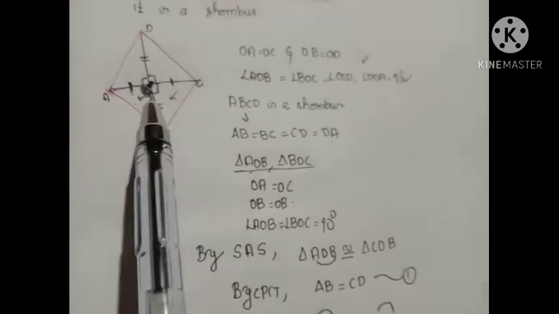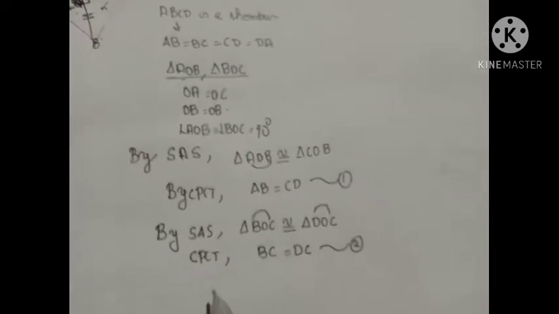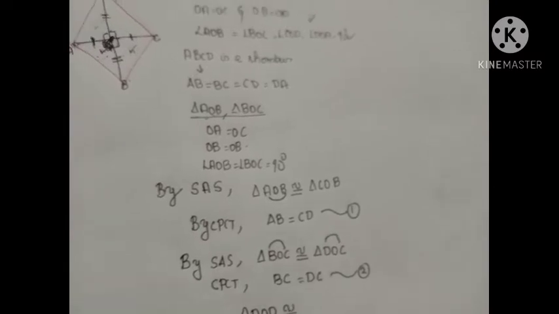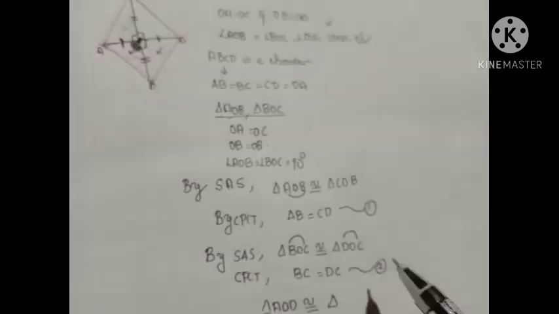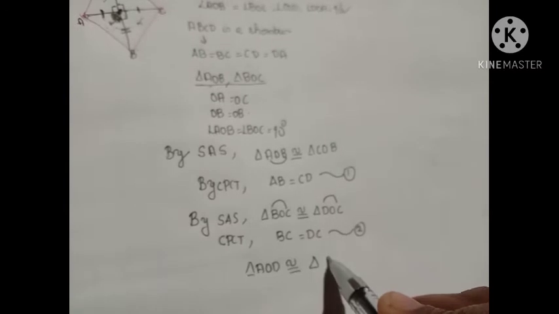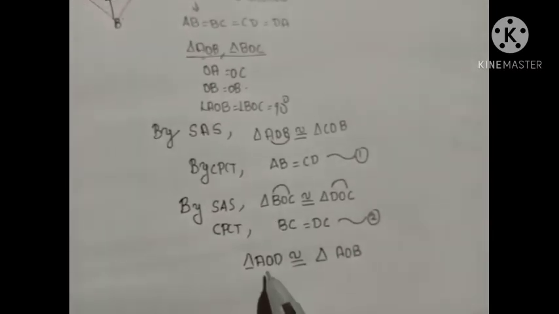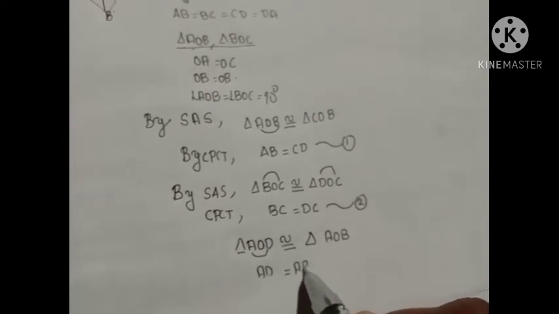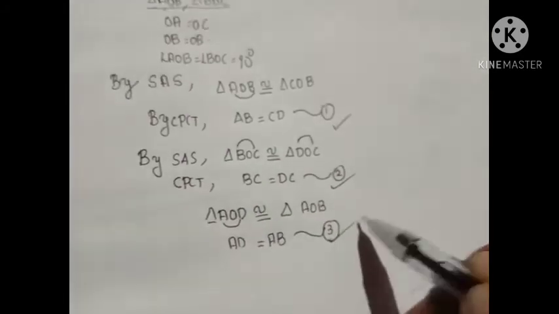Now take one more triangle, suppose these two, AOD and AOB. Triangle AOD is congruent to triangle AOB. Again apply CPCT rule. We get AD equal to AB. Put it as equation number 3. Now look at these three equations.